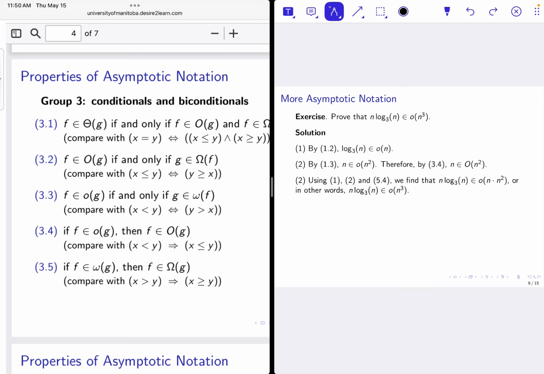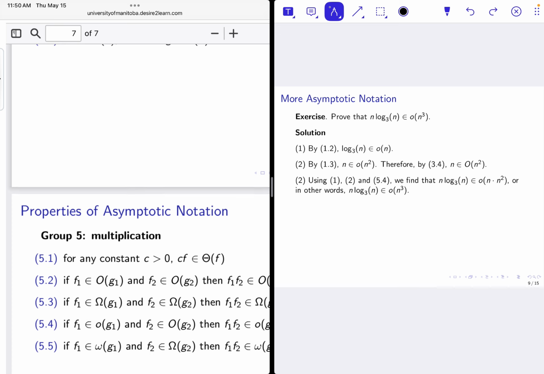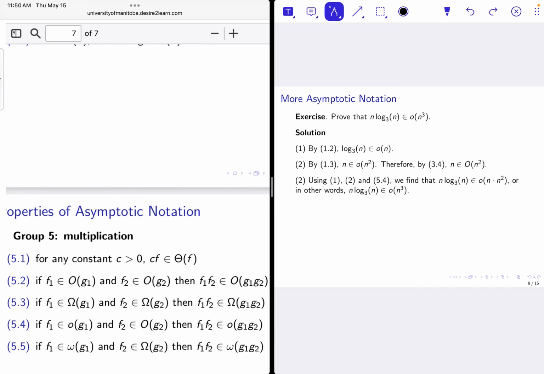And now the choices of functions and asymptotic notation may have seemed arbitrary. It's probably not clear right now why we showed that one function is in little o of n and the other big O of n squared, but it was all for the sake of setting up the use of fact 5.4.